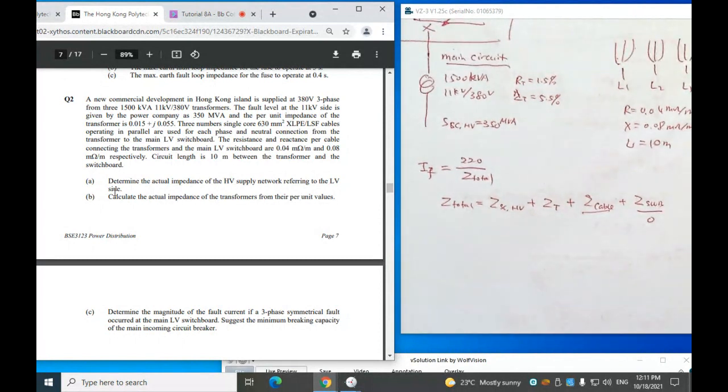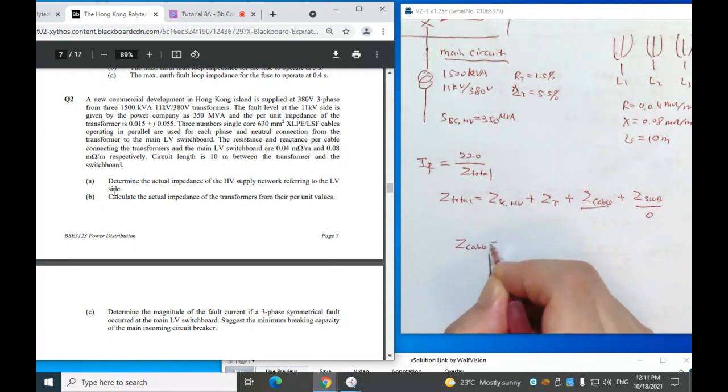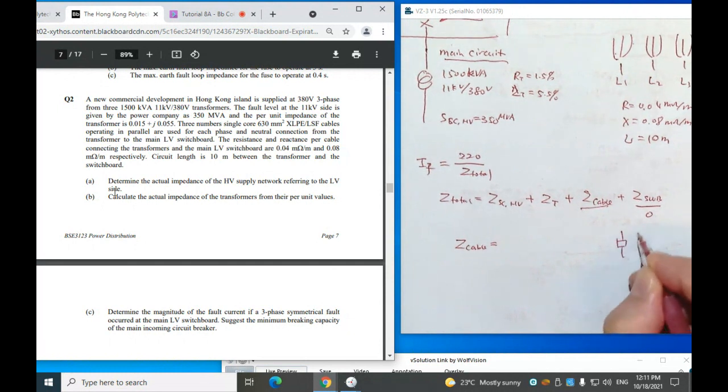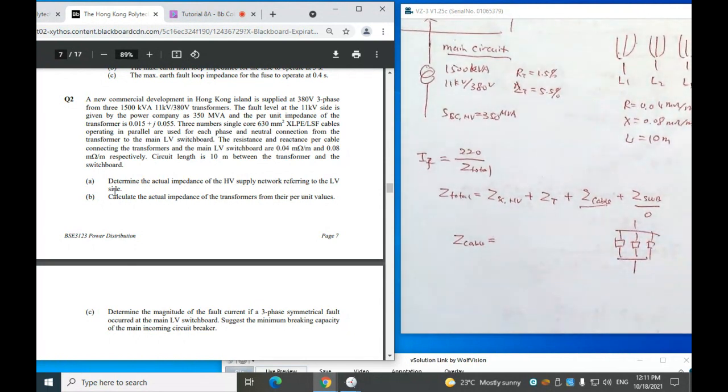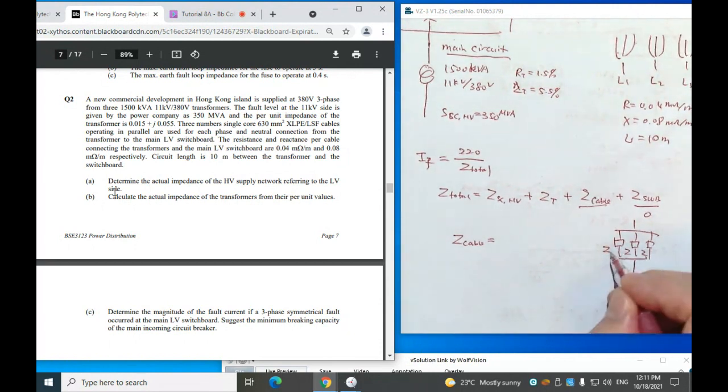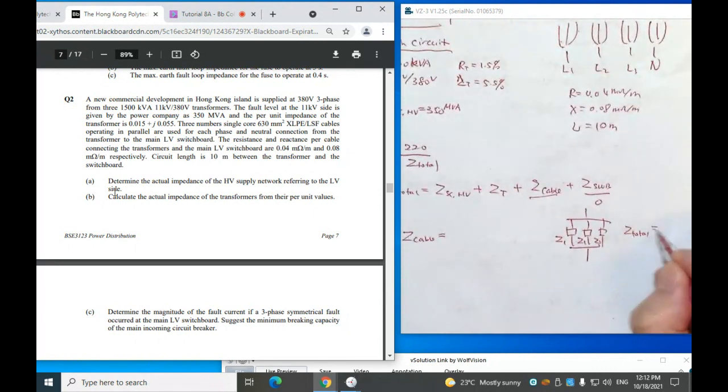One thing we need to know: because the impedance is given for each cable, and we have 3 cables connected in parallel, the total impedance of the cable, if each cable impedance is Z1, is equal to Z1 divided by 3.